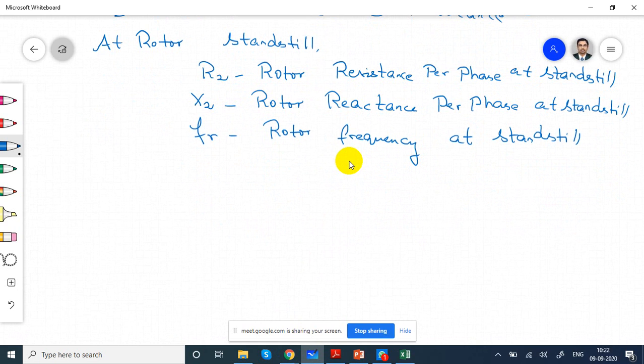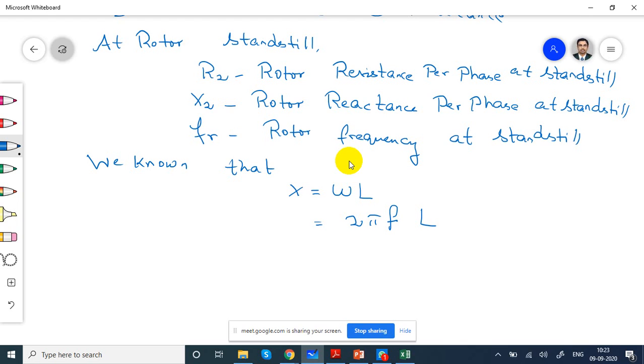Now we know the basic formula for reactance. Reactance will be X equal to omega L. X stands for reactance, omega is the angular rotational speed. Omega equal to 2 pi F into L. F is nothing but frequency.